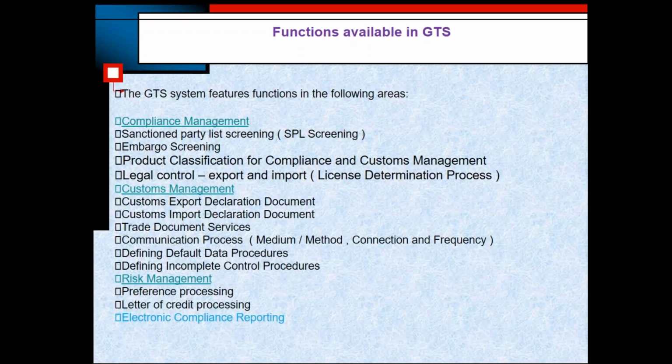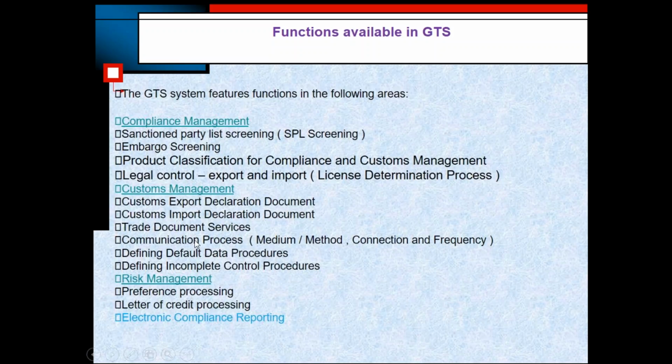It also covers specifying the frequency, whether you want to send once a day, once a week, once a month, or twice a day. The medium, connection information, connection process and frequency, all these things we will discuss as part of the electronic communication, the communication process. That is the fourth functionality.